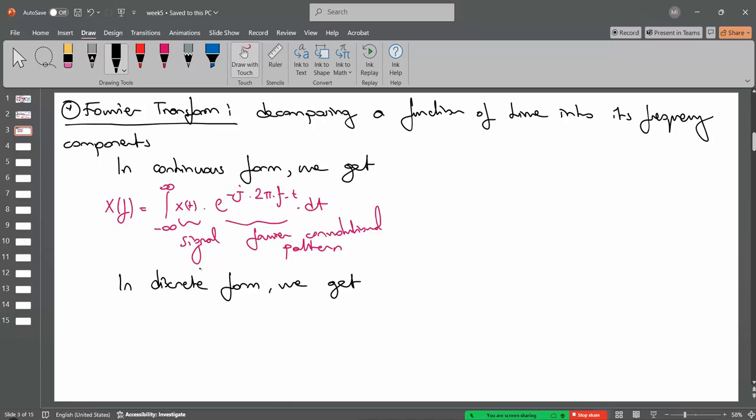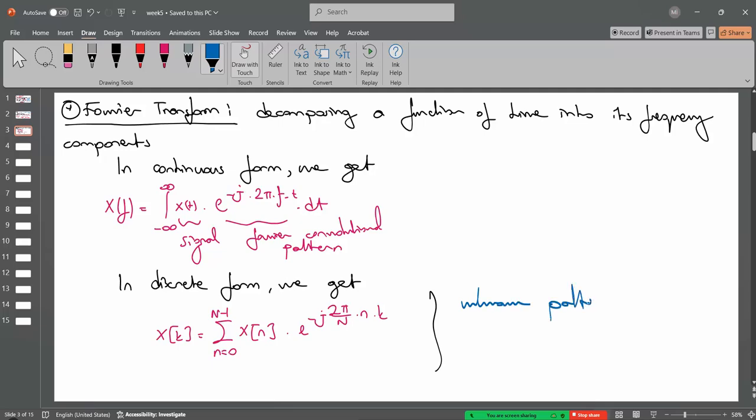Okay, and so in this case we need to utilize the discrete form, which is given by X(k), which is equal to the summation from n equals 0 to capital N minus 1 of x(n) times e to the power of minus j 2 pi divided by N times k. Okay, and so this is utilized for the unknown pattern of any signal.